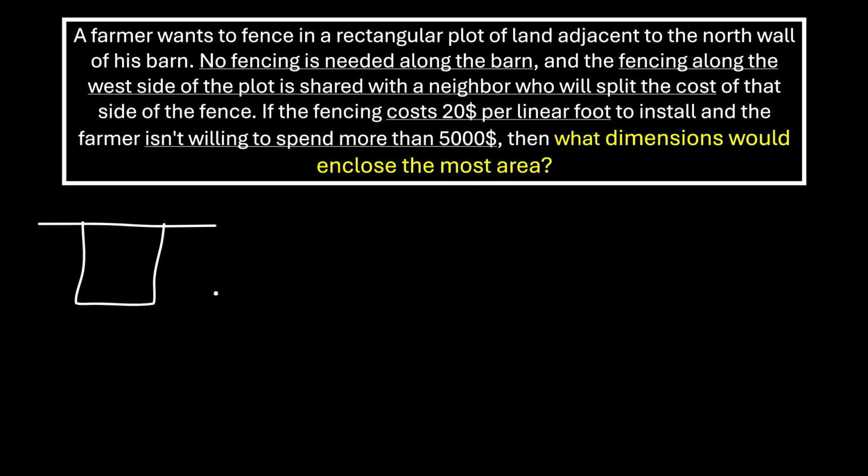We'll label east and west with X, and our southern wall with Y. With that done, we can write our constraint function. So 5,000 equals X plus Y.